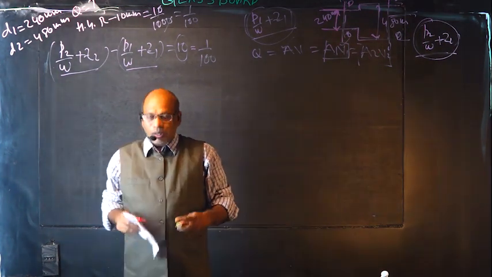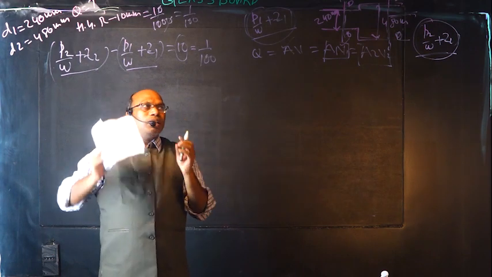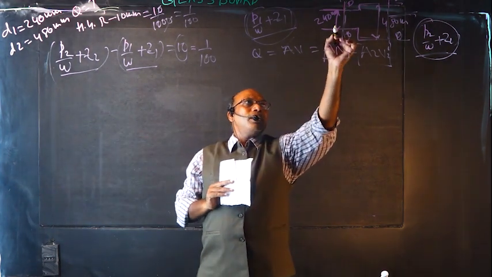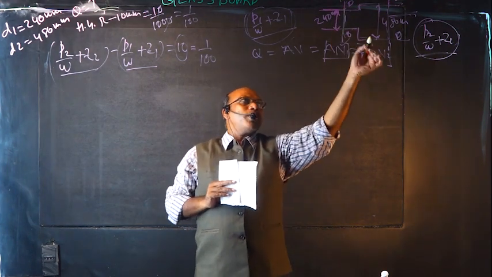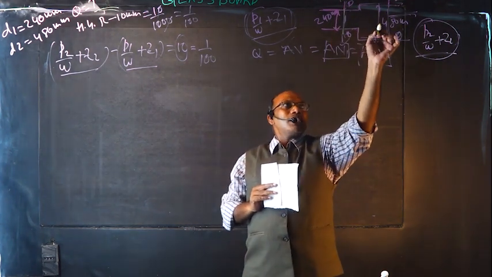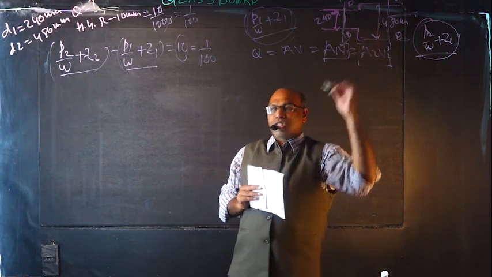What is Bernoulli's equation? The pressure head plus velocity head plus datum head at section 1-1 must be equal to the pressure head plus velocity head plus datum head at section 2-2.